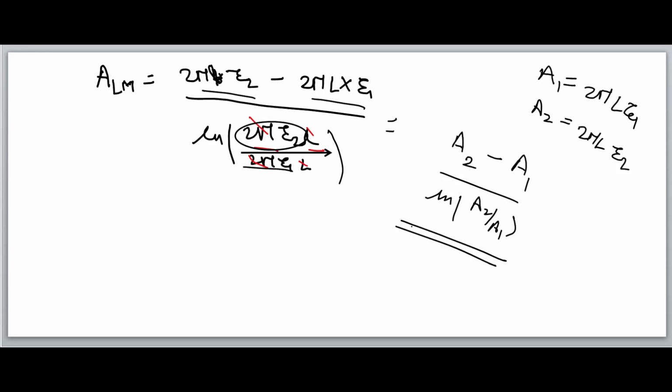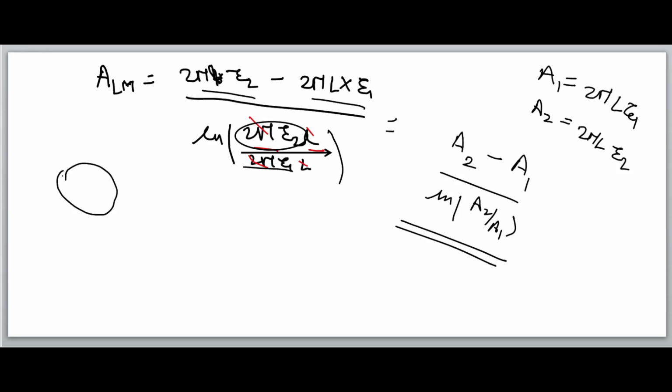This is the log mean area in case of a cylindrical surface. Suppose heat is transferred from a hollow cylinder, then we need to find its thermal resistance. Then we need to remember this equation, but simply what we will do, we consider an equivalent system.